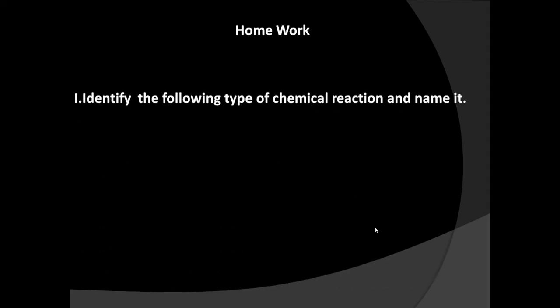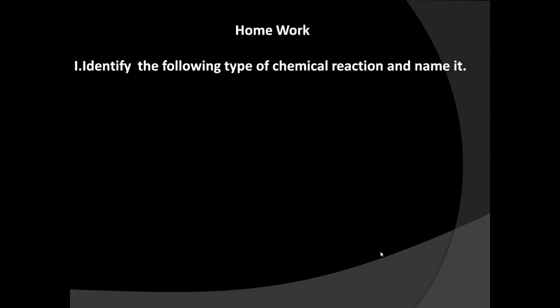Now that's it for now, children. We have learned in today's class about combination reaction, decomposition reaction, displacement reaction and double displacement reaction, oxidation and reduction reaction. So let us take some homework questions now. Identify the following types of chemical reaction and name it.